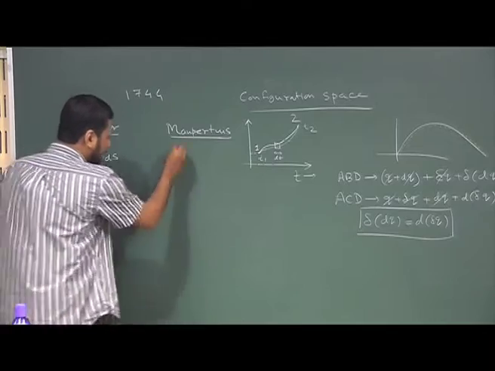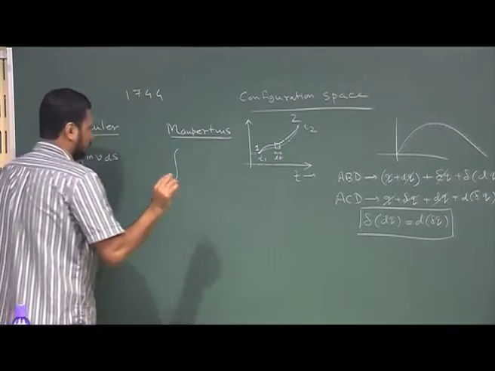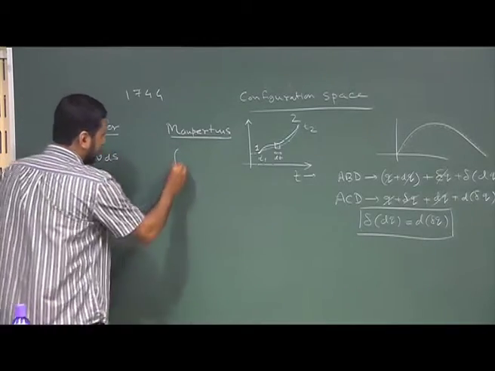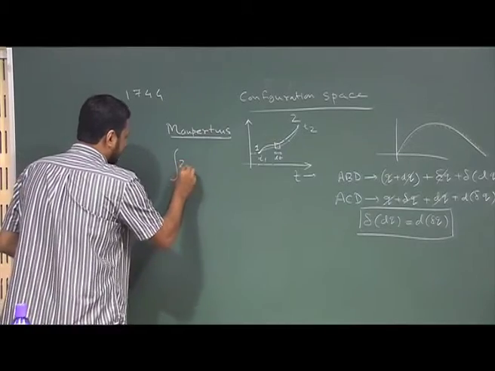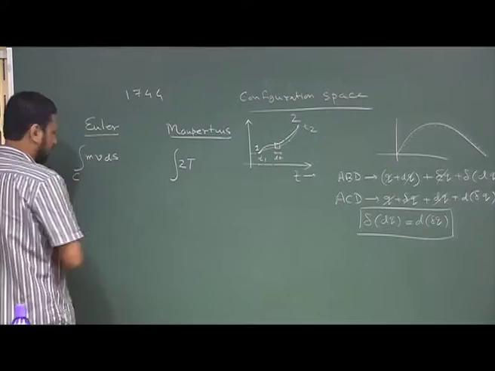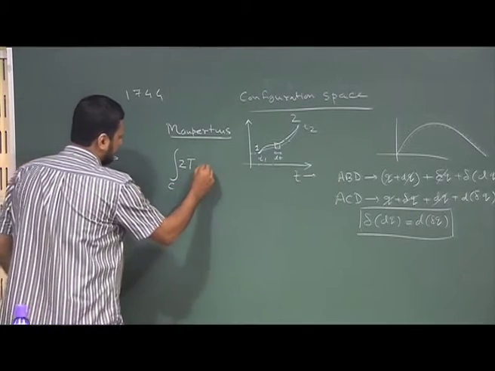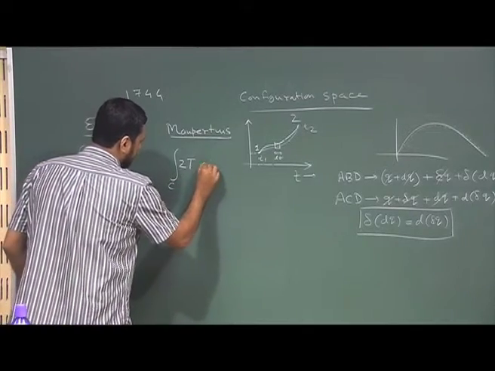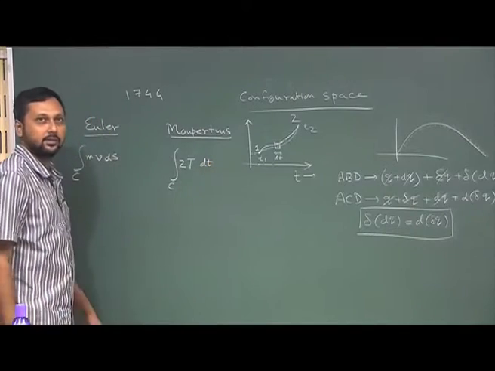Anyway, Maupertuis said the path which will be taken is along which the path integral of 2 times T dt will be optimized.